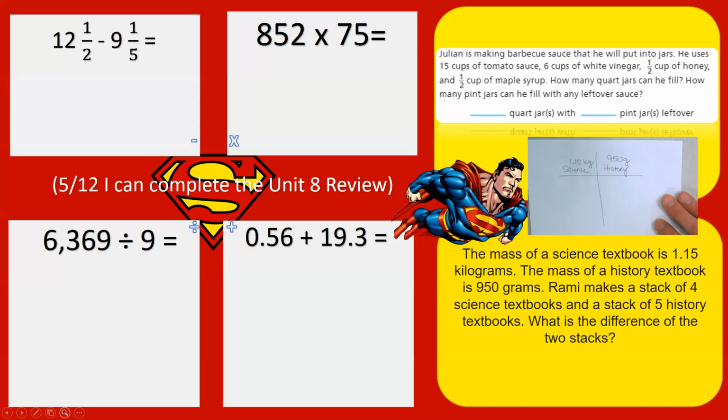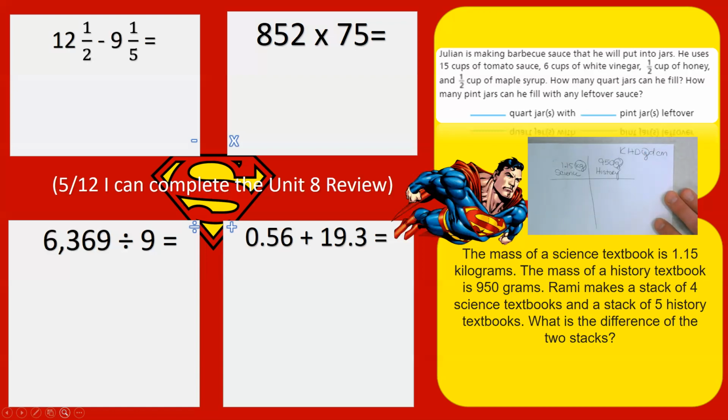So just like denominators, units of measurement have to be the same unit if we're going to add or subtract them. So the first thing I want to do is turn them into the same thing. And I'm looking at it and I'm thinking I'm going to turn them both into kilograms. And I know that King Henry died by drinking chocolate milk. And I know that everything's in grams.